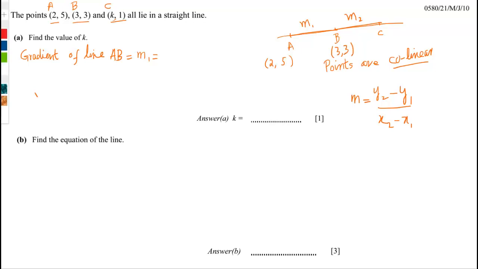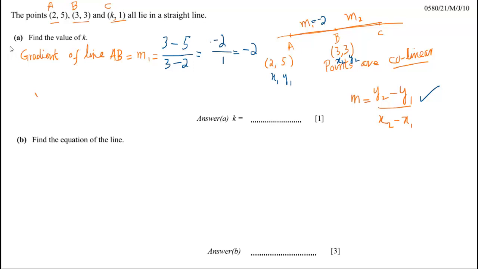Let me call this x1, y1 and this x2, y2. Put this into the formula: 3 minus 5 over 3 minus 2, and it is minus 2 over 1, which is minus 2. So this gradient is minus 2.